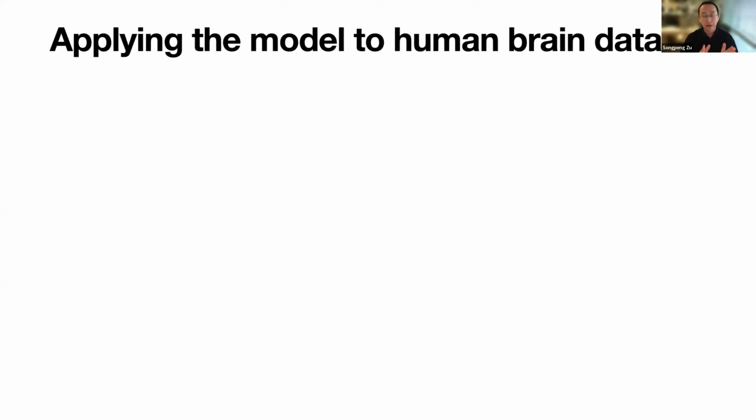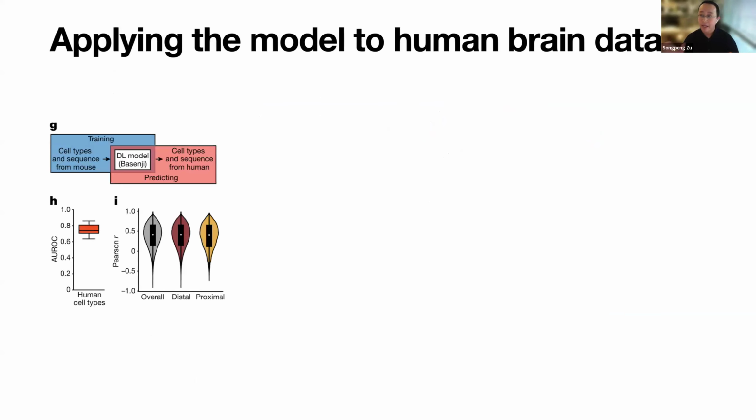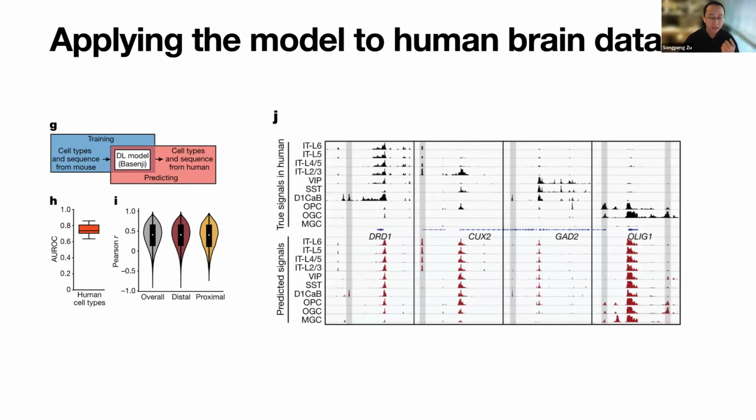We then directly applied the model to the human brain data set without any further training, since we have the human brain ATAC-seq data described previously, so we can test the performance there. I think the overall Pearson correlation is okay, but not that ideal.